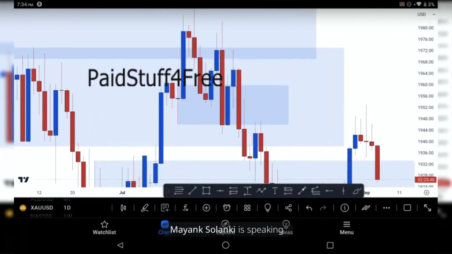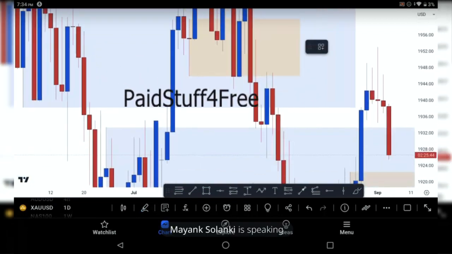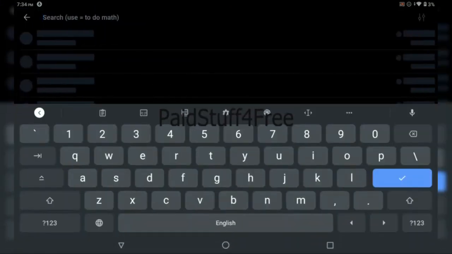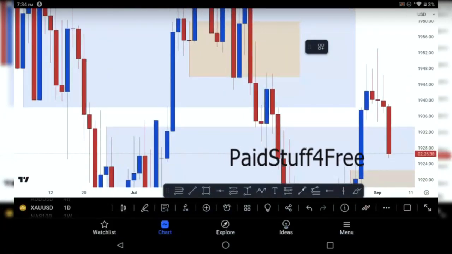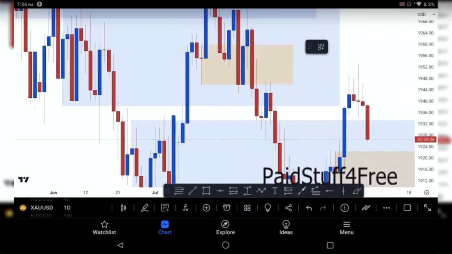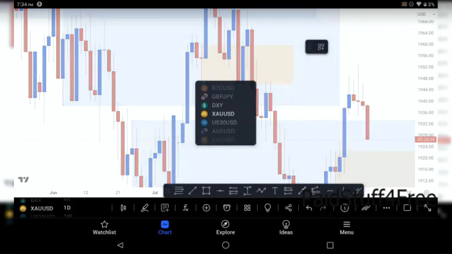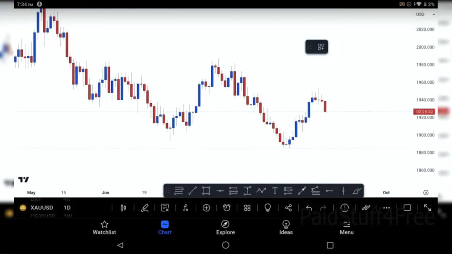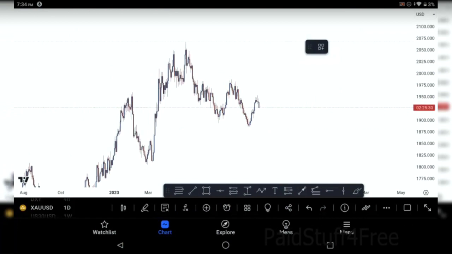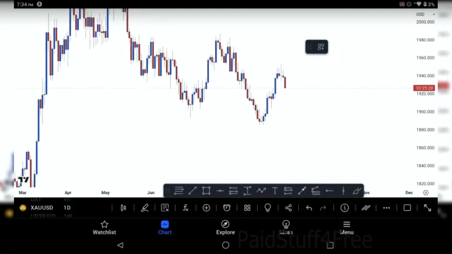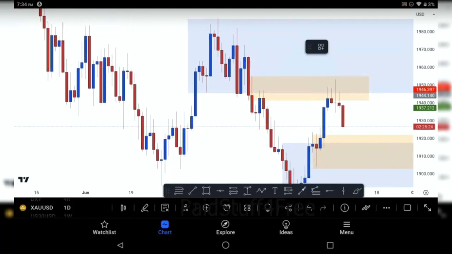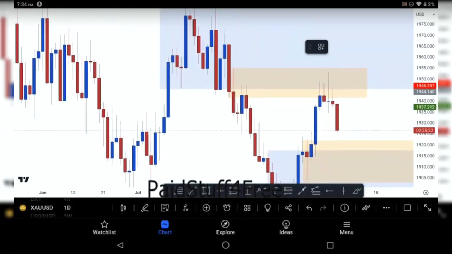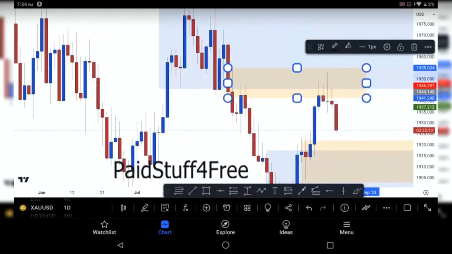I think this broker didn't really show me what I wanted, let me show you guys. It's Forex.com. There was a weekly engulfing out here.